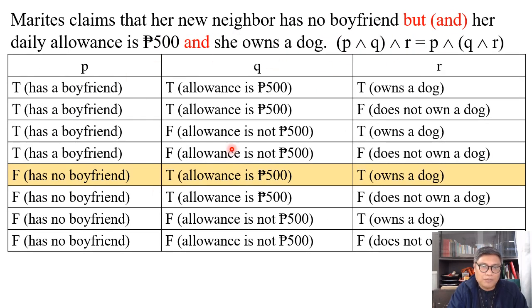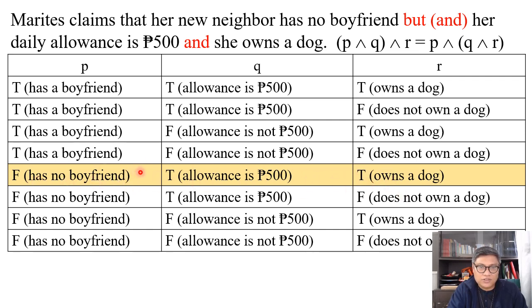So again, among the 8 possibilities class, you have to identify which one among the 8. So the new neighbor has no boyfriend, then her daily allowance is 500, then she owns a dog. So this is now the one that we need to test.